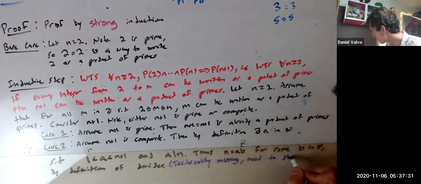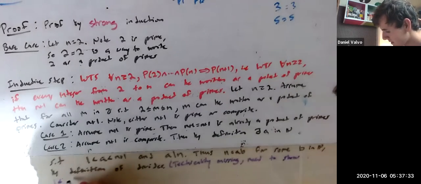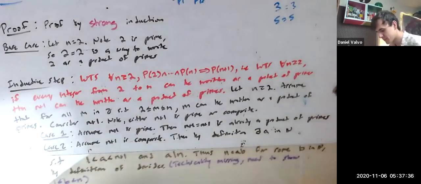We need to show that 1 is less than b, less than n+1.